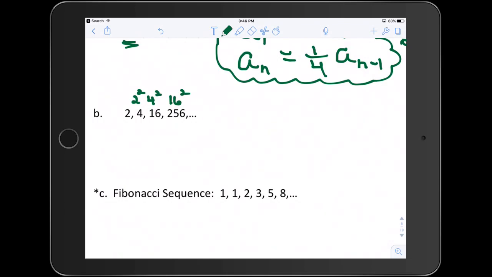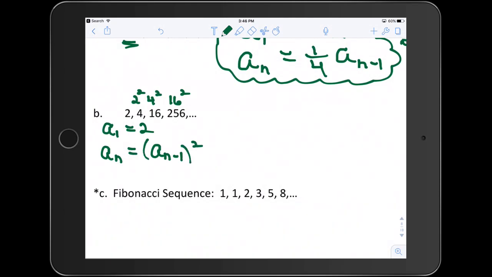So again, you're always thinking about the first term and what you have to do to that to get to the next. What do you have to do to this to get to this? What do you have to do to 4 to get to 16, and so on. So the first thing you always do is start with the very beginning term, and then you go, okay, I'm going to take that first term, which is a sub n minus 1, and square it.